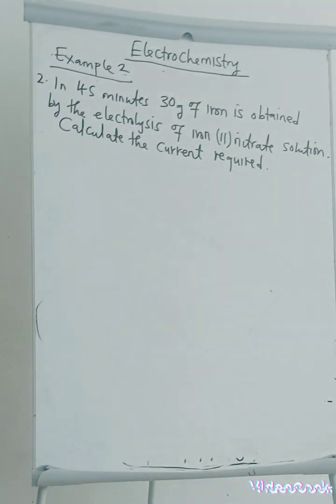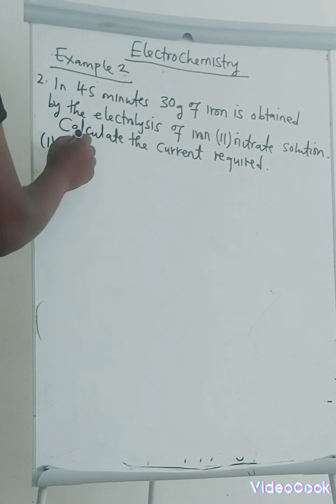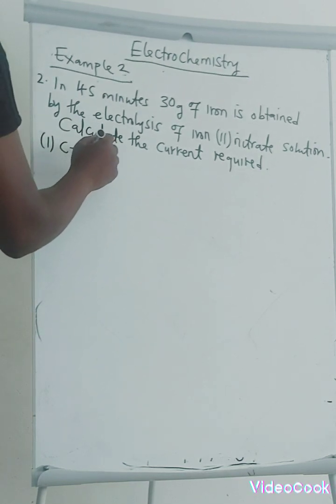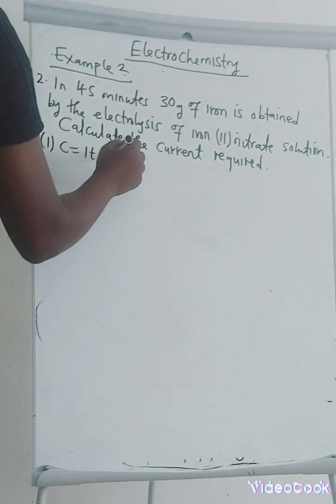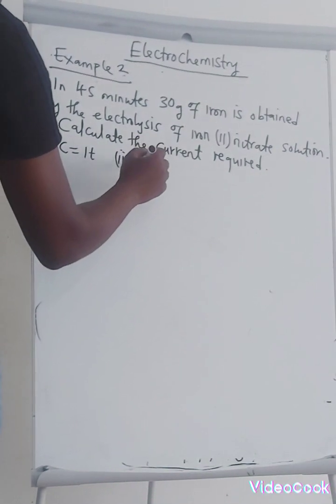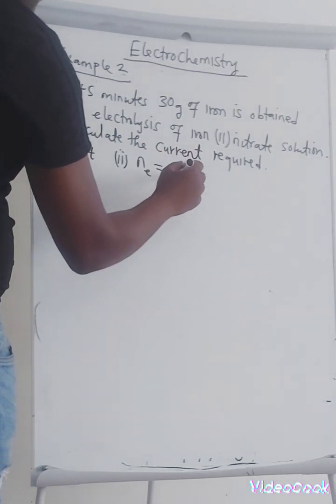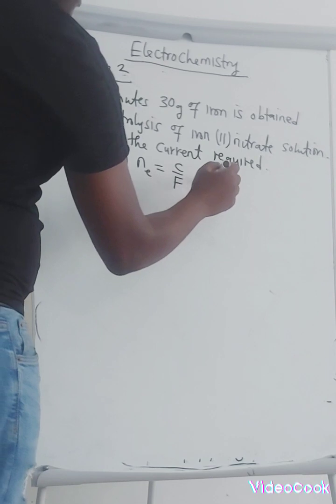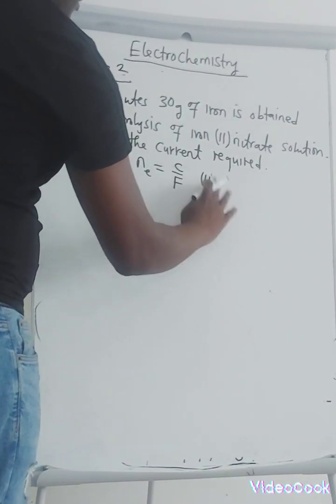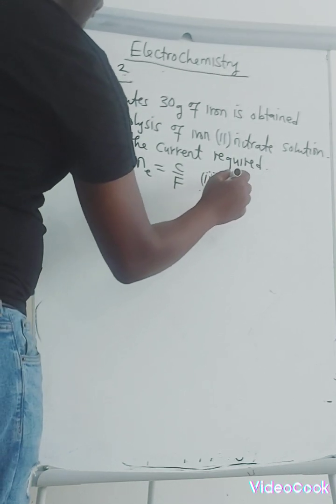Since we are calculating current required, we go to our usual method. Q is equal to It. Then we follow the number of moles of electrons over F, Faraday's constant. Then our 3 is the mole ratio.